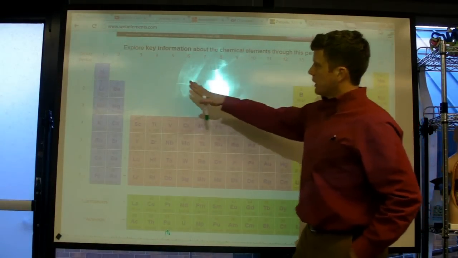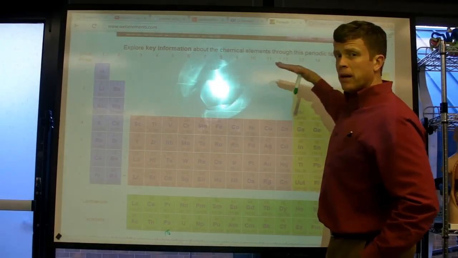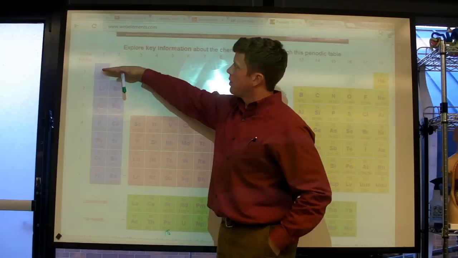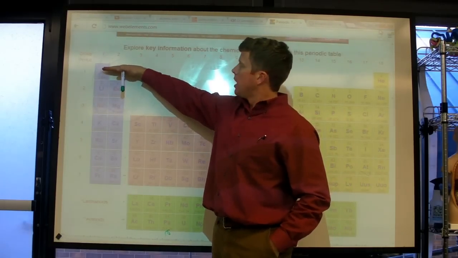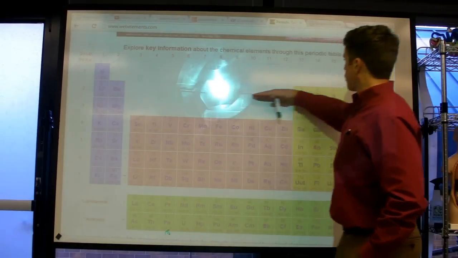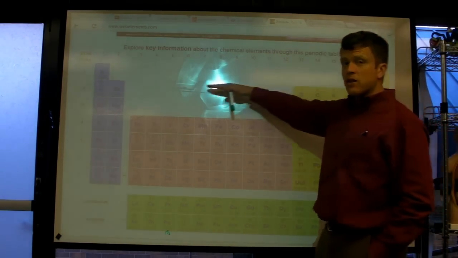So, periodic table, as you know, is laid out in columns called groups and rows called periods. The first period elements have one energy level. Second period elements, all these across here, 3 through 10, have 2 energy levels.